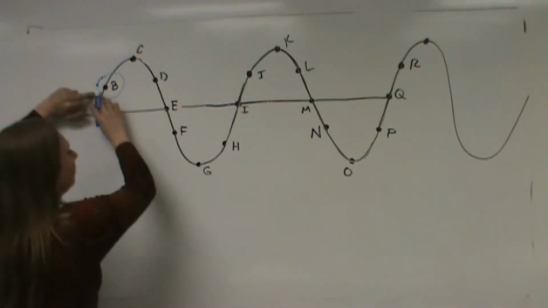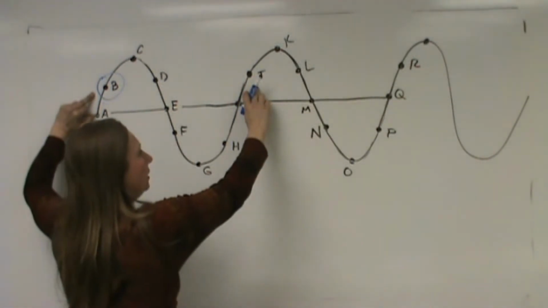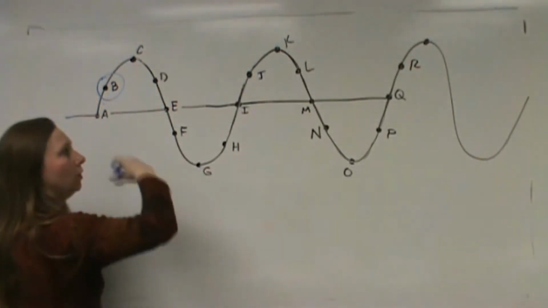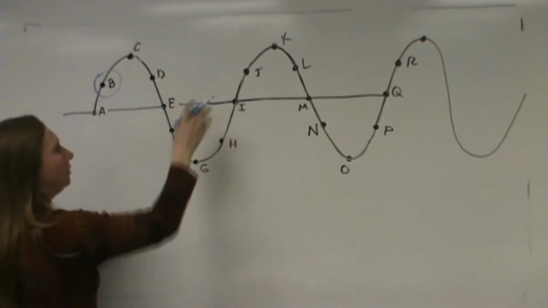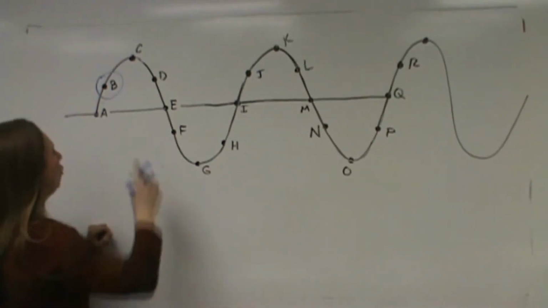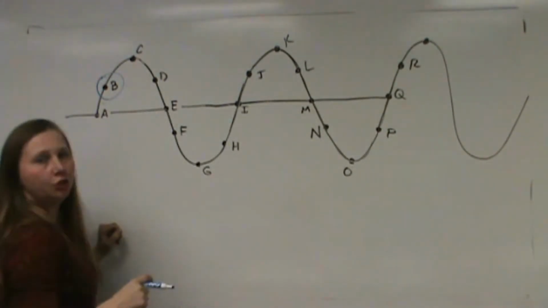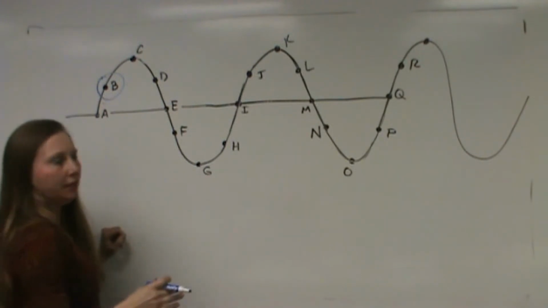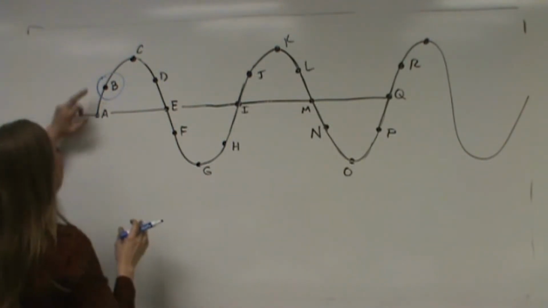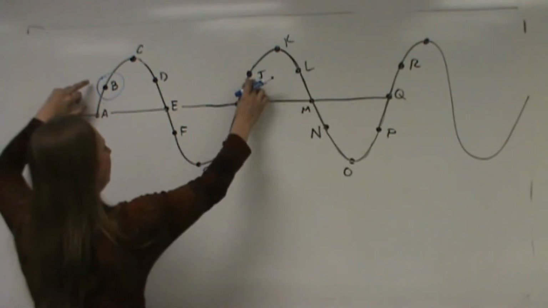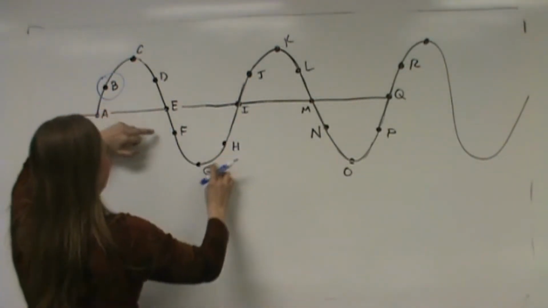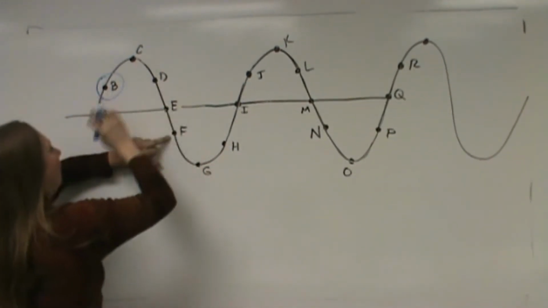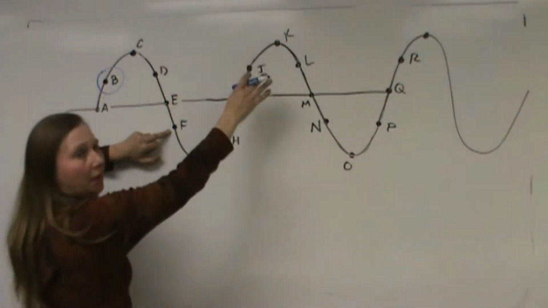Now, I'm going to cheat, right? Look, there's J. J is in phase with B. So right exactly between B and J is going to be the point that is a half a wavelength away from B. And that's going to be, all right, not here, right here. All right, now these points are symmetric.